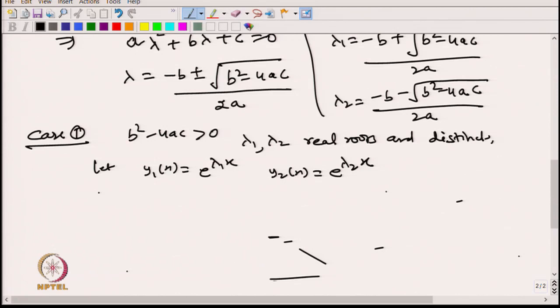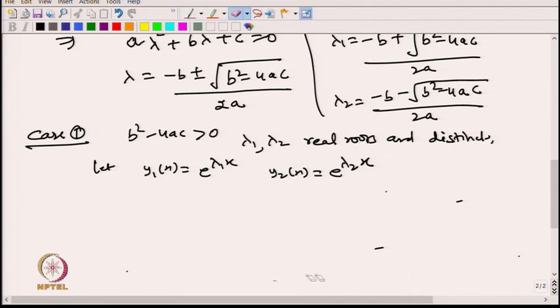I know that the general solution of this differential equation will have two arbitrary constants, and y1 and y2 should be linearly independent, only then I can define the general solution.